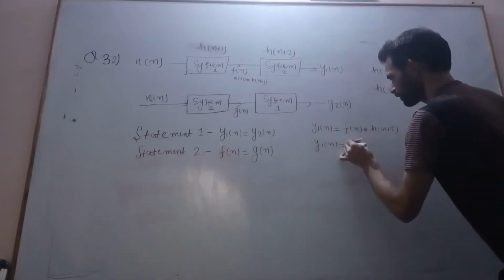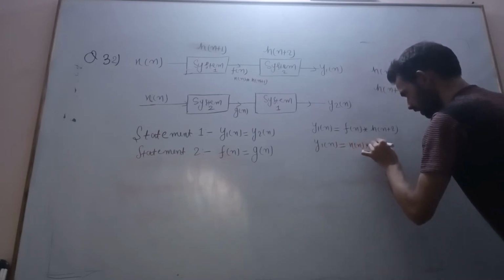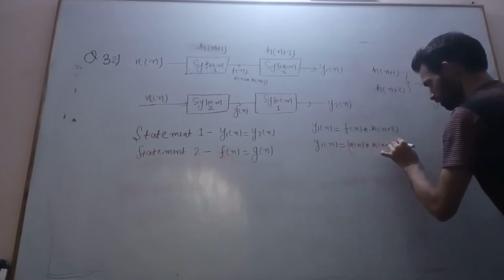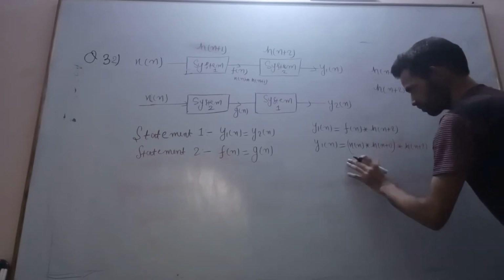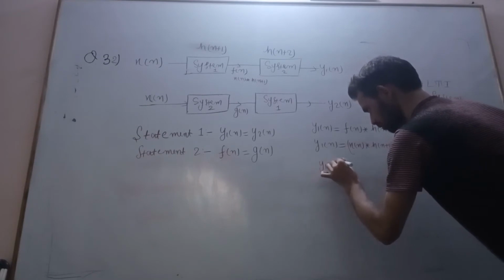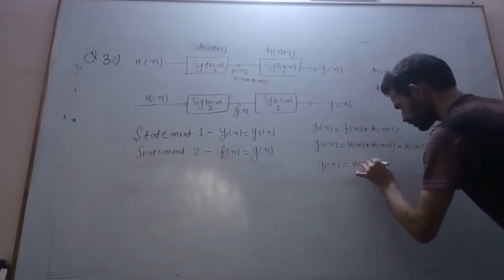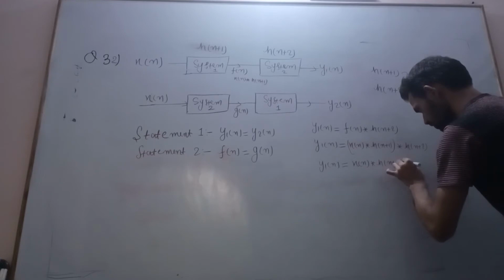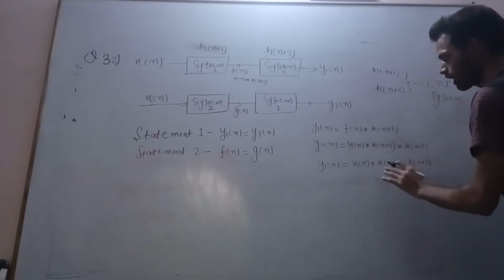So y1 of n is x of n convolution h of n plus 1, convolution h of n plus 2.